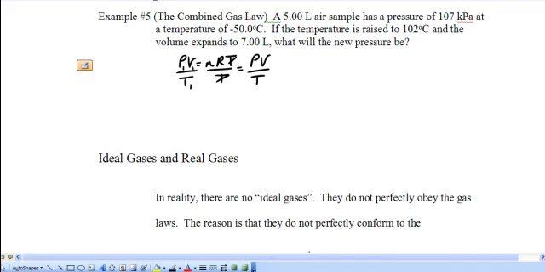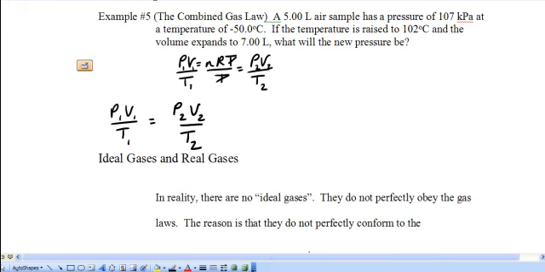So we can go with P1 V1 over T1 equals P2 V2 over T2. Alright, that's a mouthful to say, but that's how this thing actually works. So once again, if we rewrite this, we'll have P1 V1 over T1 equaling P2 V2 over T2. And now you simply have to plug in your numbers and solve for your remaining variable.